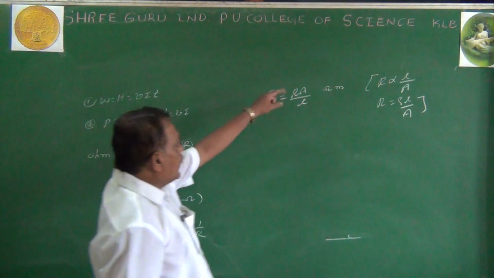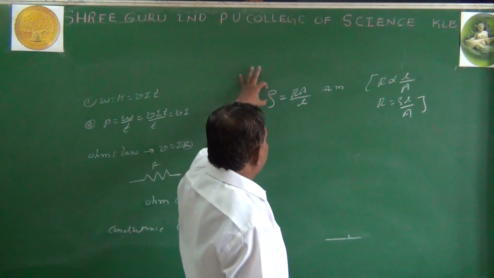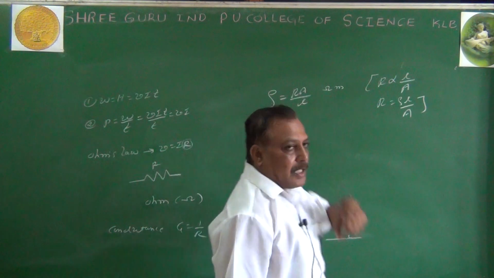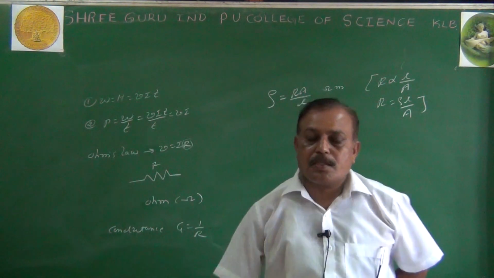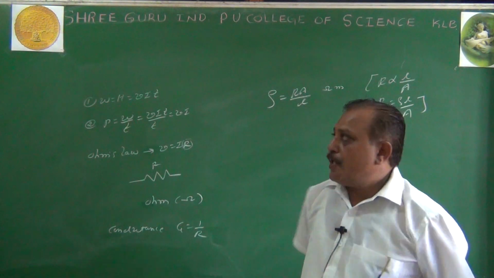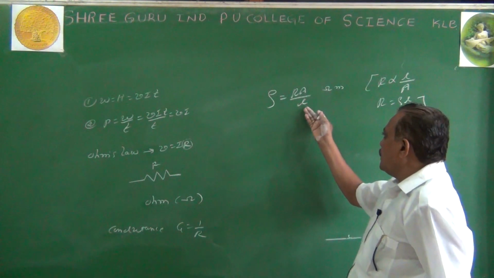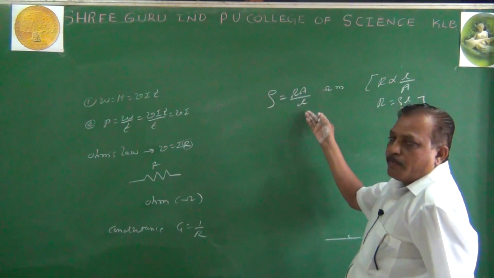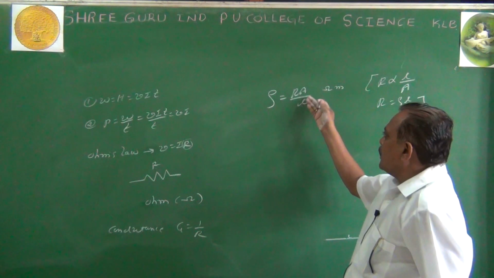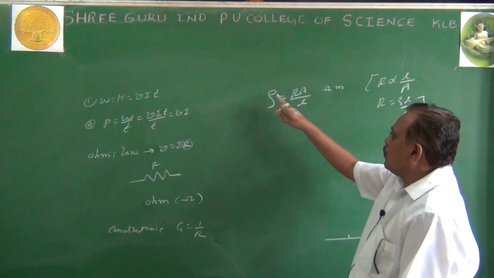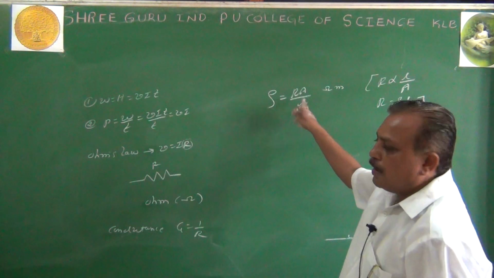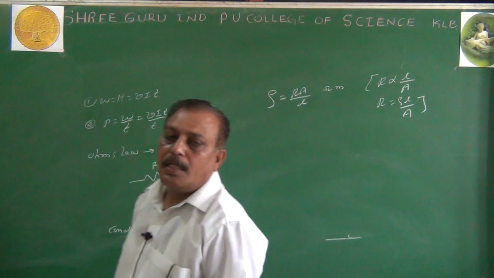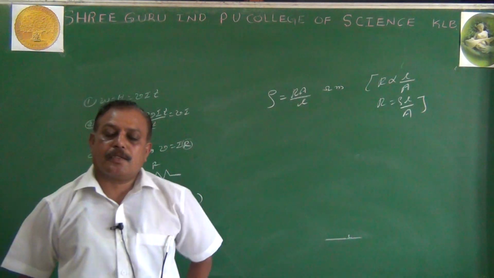So by seeing the equation, rho is directly proportional to area and inversely proportional to length, sometimes the equation fools us. By changing the area, rho changes. By changing the length, rho changes. Nothing should happen. By changing the area and length, nothing should happen to rho. Rho is totally independent of dimensions of the conductor. It depends on the nature of the material and the temperature factors.